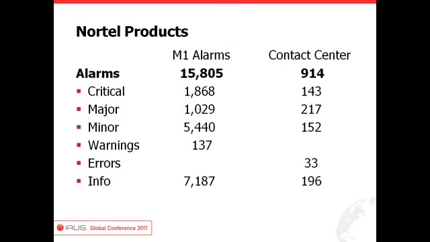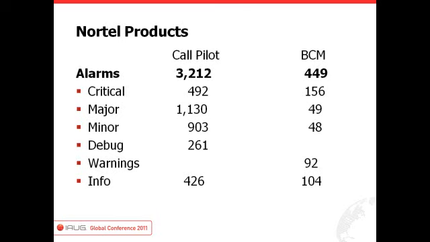On the Nortel, as you can see, the M1s have 15,000 alarm codes, of which 1,800 of them are critical. The Avaya has about 1,800 alarm codes on the communication manager. They don't have critical, they have major as their highest alarm, and they have about 600 of those. Call Pilot and BCM have a lot fewer alarms.